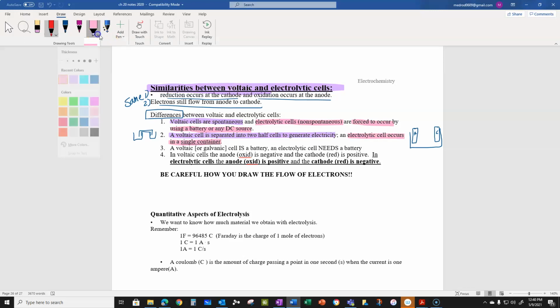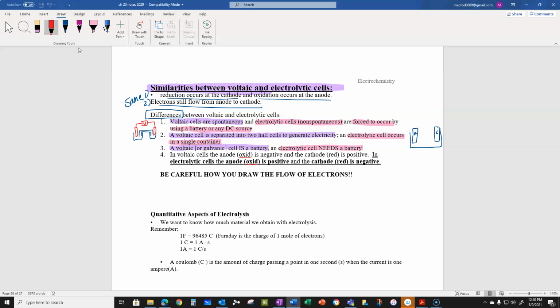A voltaic cell is a battery. That's why we use batteries in pretty much everything out there in the world, because there is that positive and that negative. There is a current going in that battery. But an electrolytic cell needs a battery. As you see in the picture, for voltaic we have our electrodes and just a wire, and then we hook it up to a voltmeter, but the purpose of that voltmeter is just to measure the volts.